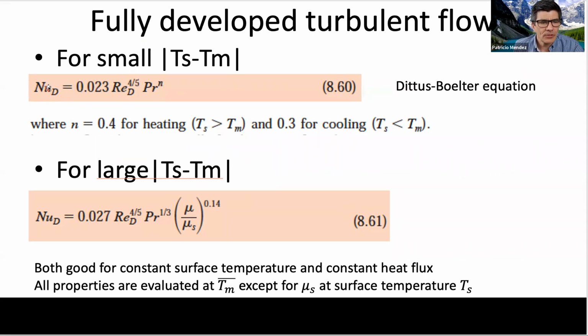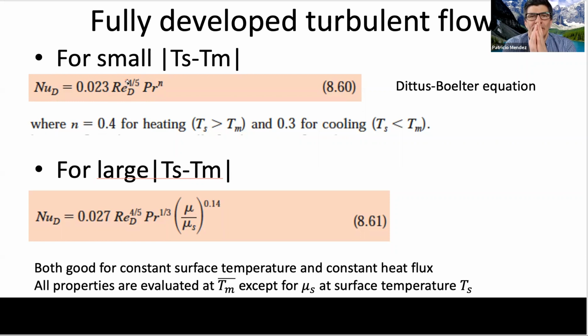It says that the Nusselt number, in turbulent flow, once the fluid is turbulent, is a constant value: this coefficient 0.023 times Reynolds to the 4/5 times Prandtl to the n.